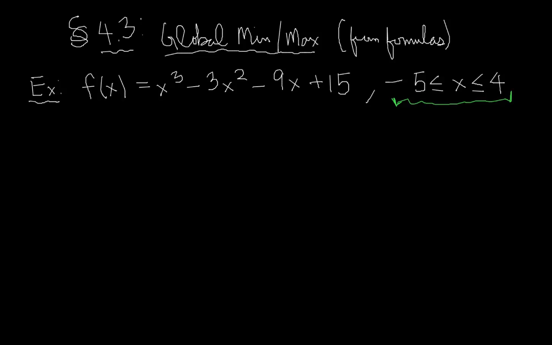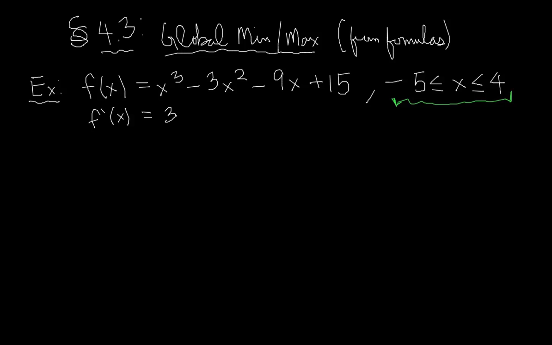There are a couple steps here. The idea is motivated from the fact that there are only 2 places you could find them, on the endpoints or inside, and if they're inside, they have to be one of the critical values. So that means we're going to have to take derivatives. Let's take the derivative of f.